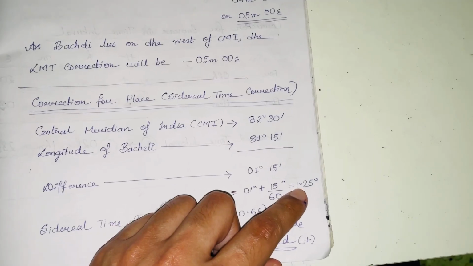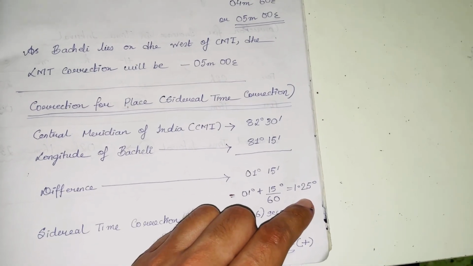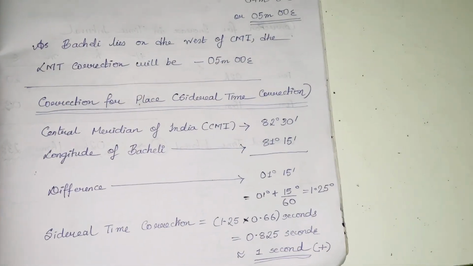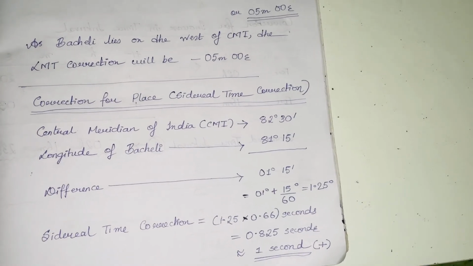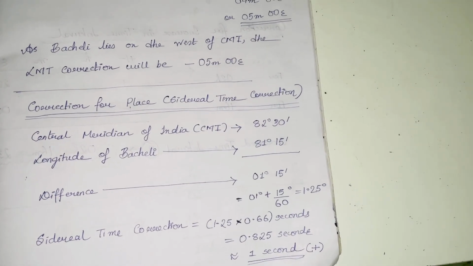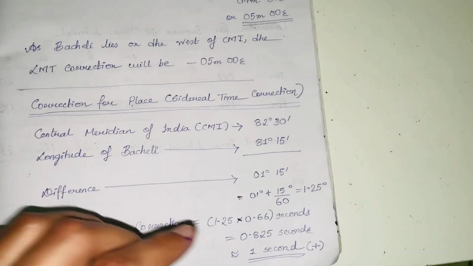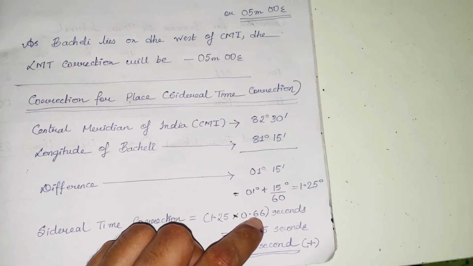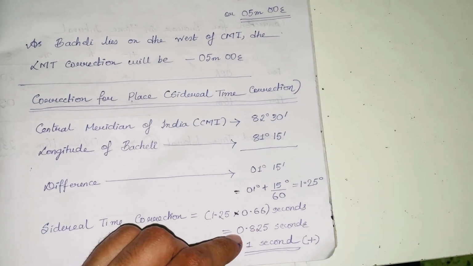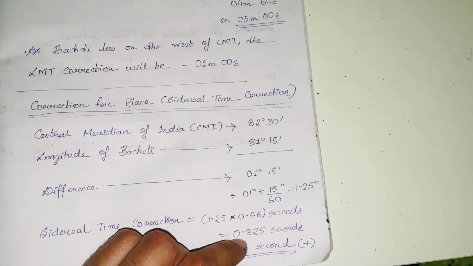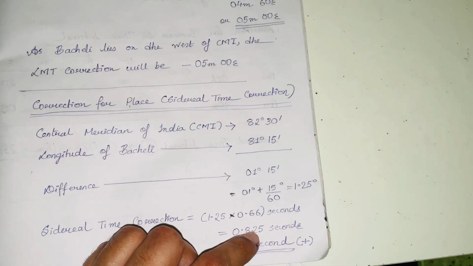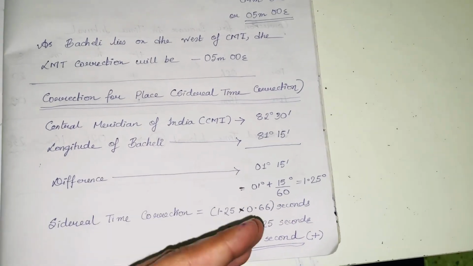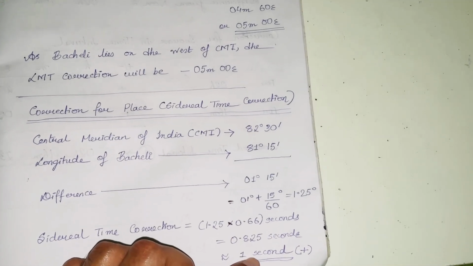Whatever will be the value of the difference in whatever place that you are calculating, that is the correction for the place, correction to the Indian sidereal time, for whatever place, you have to multiply that by 0.66 seconds. So here in our situation, we are getting the value as 0.825 seconds. Rounding it off, it is 1 second.